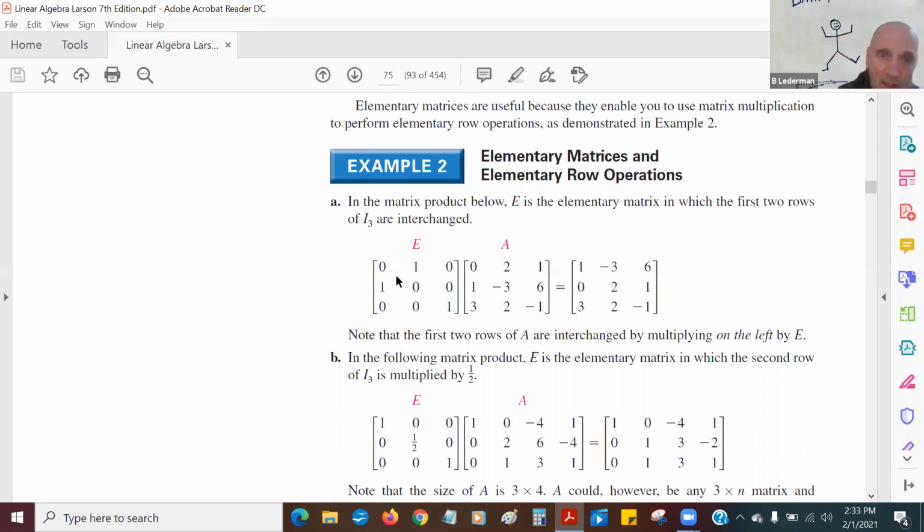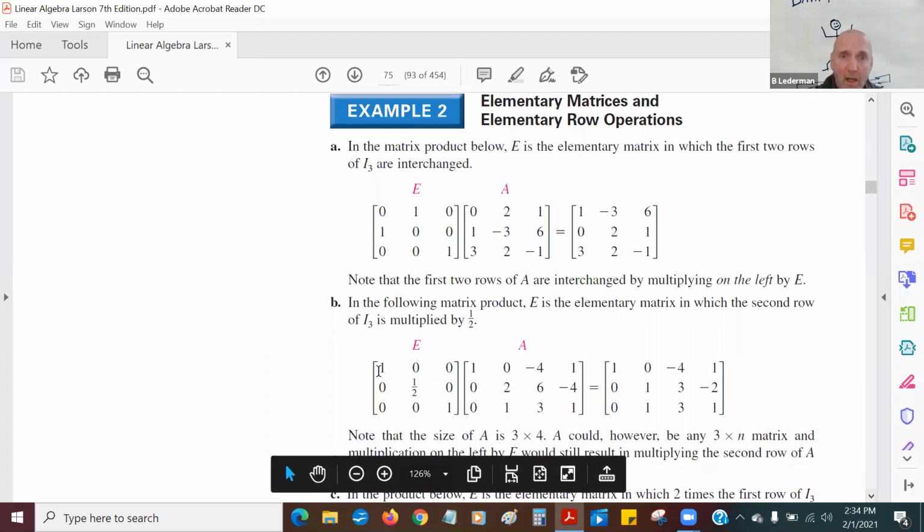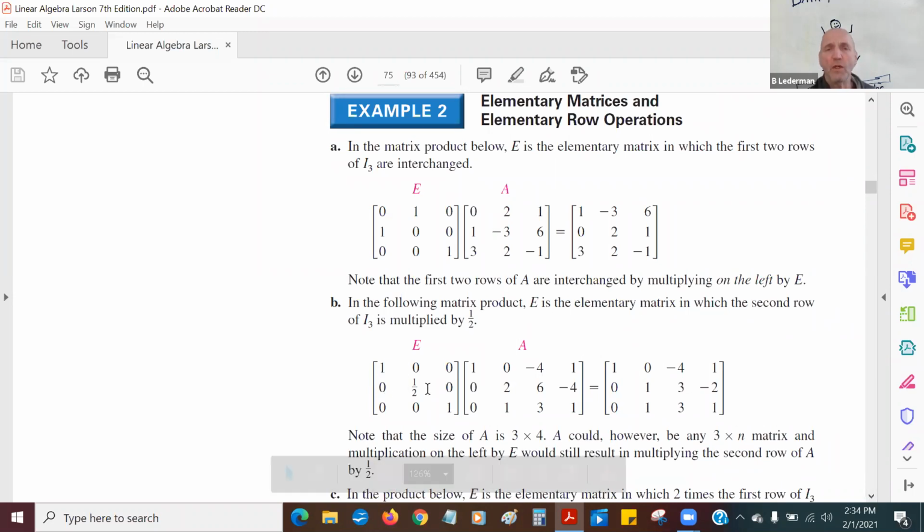So the operation that I did to create the elementary matrix gets done to a matrix that I multiply it by. That makes any sense? And you also notice that in the next case, here I have 1 0 0, 0 a half 0, 0 0 1. So this is elementary because I just multiplied the middle row by a constant.